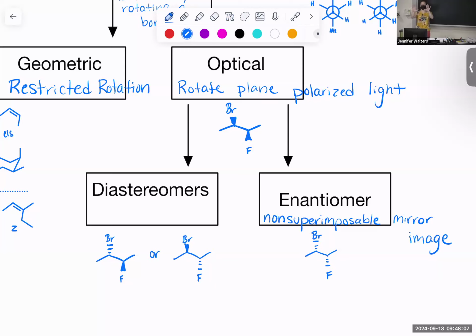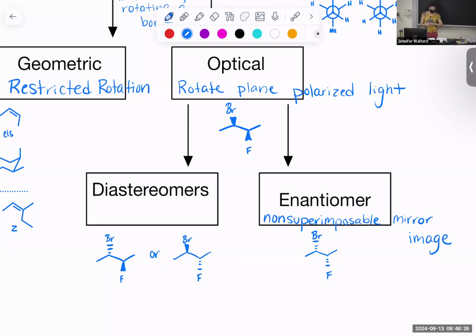So these are mirror images and I slide them over, they're not exactly the same. So they're non-superimposable when they just slide over. They're mirror images, face them forward, slide them over, non-superimposable mirror images. Those are going to be your enantiomers.